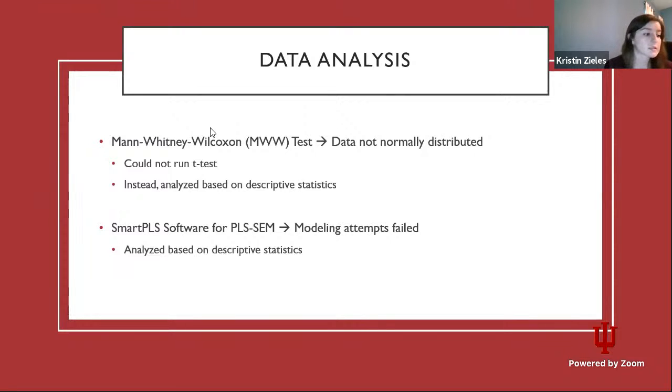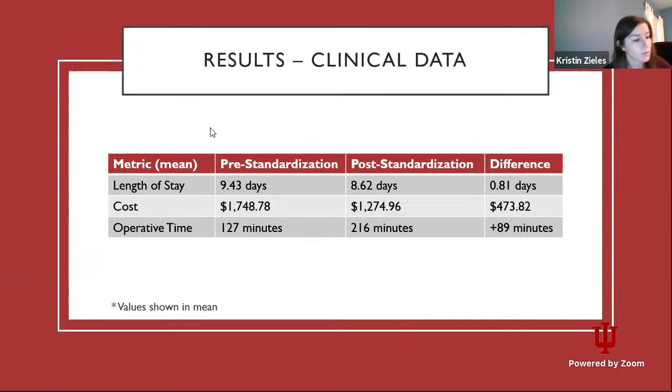Using the SmartPLS software, we did numerous attempts at modeling, and unfortunately they were unsuccessful. We attribute the failure to the small sample size as well as a small number of indicators. So we just used summary statistics for the survey data as well.